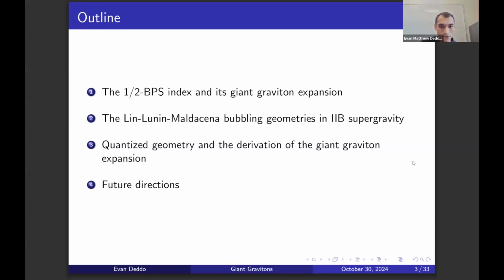Then I will describe how we can quantize the phase space, or the moduli space, of these geometries. In the process, by summing up different configurations, we can derive this giant graviton expansion in a new way. Finally, I'll go over some future directions where this could lead.